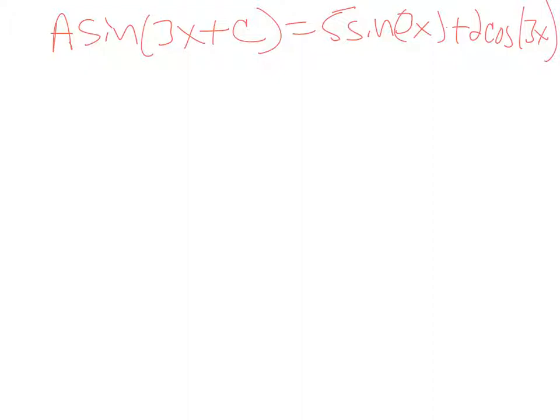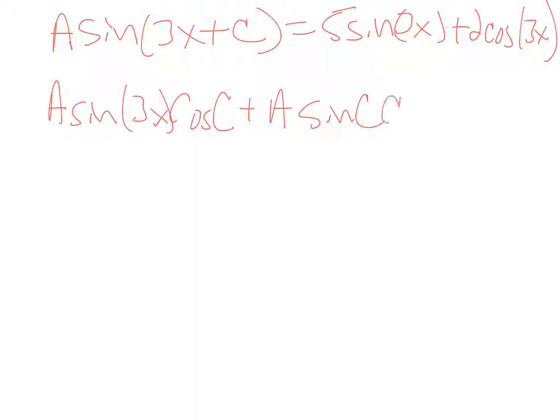So I'm going to rewrite this left-hand side as a times the sine of 3x times the cosine of c plus a times the sine of c times the cosine of 3x. And I know that has to equal this thing up above.